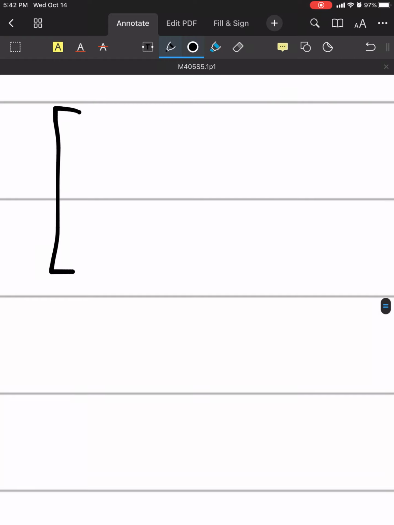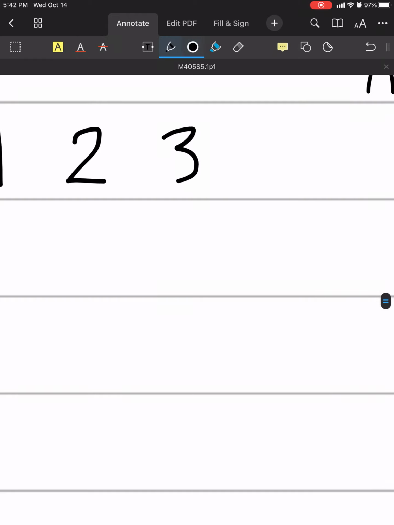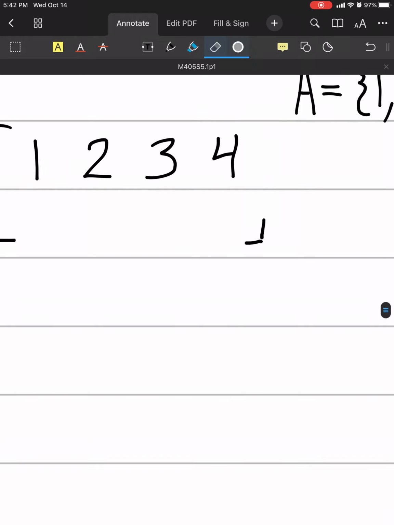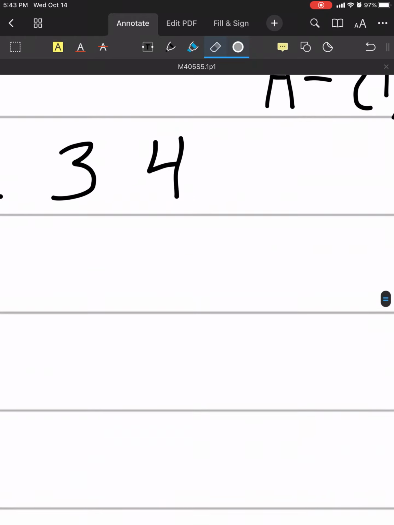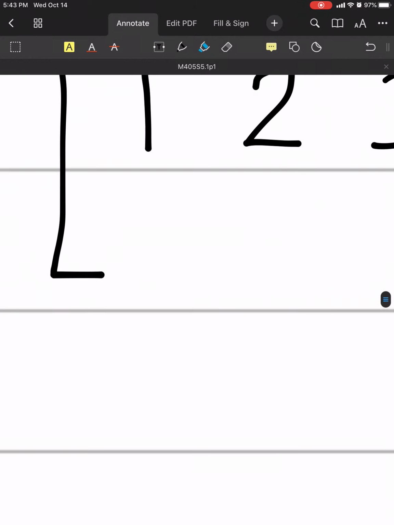So 1, 2. We always write them at the top in order: 1, 2, 3, and 4. That's another reason we use the first n integers, because there's a natural ordering there.